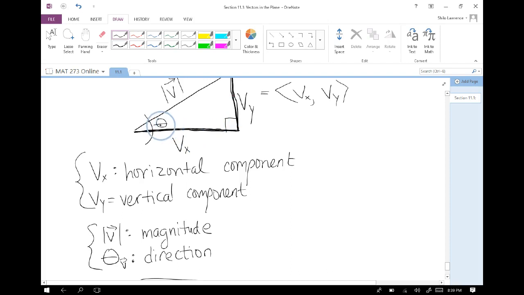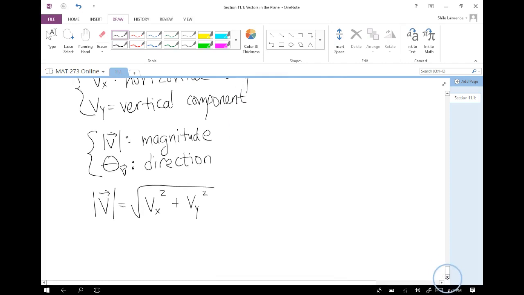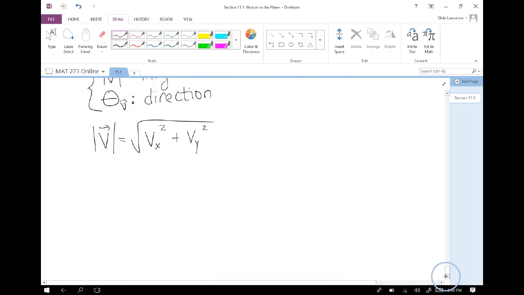Based on where I've drawn theta, v sub y is the opposite side and v sub x is the adjacent side. So we need to figure out which trig function uses the opposite side and the adjacent side of a right triangle, and that's tangent. So tangent of theta is opposite over adjacent, and if we wanted to solve for theta, then we would just use tan inverse.